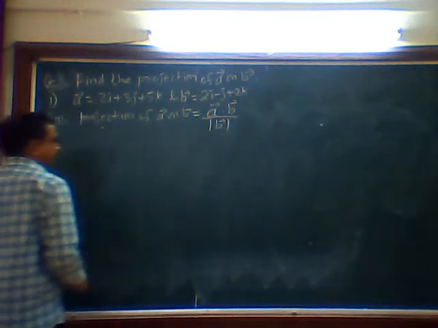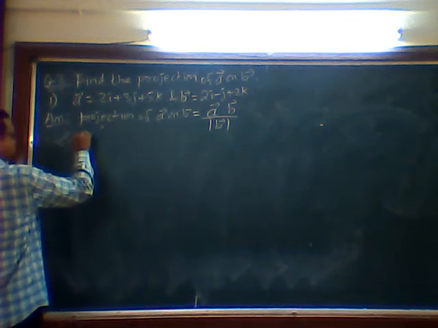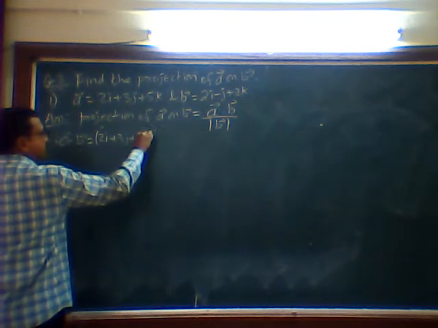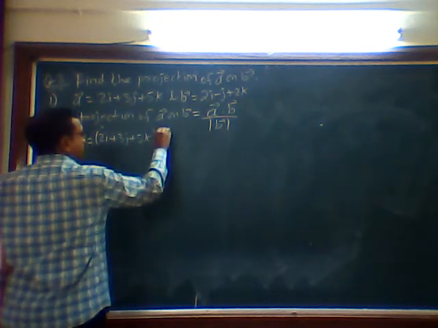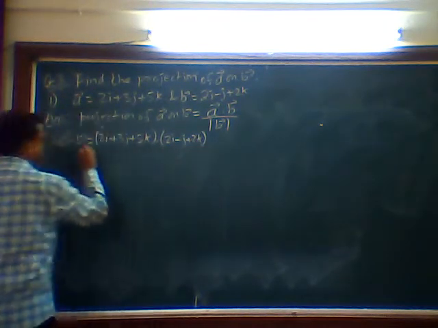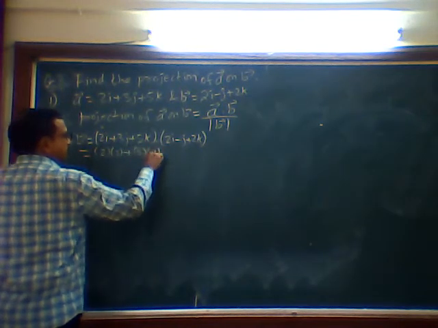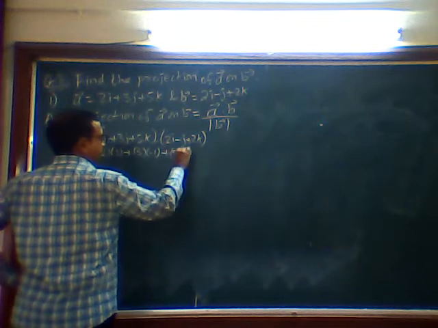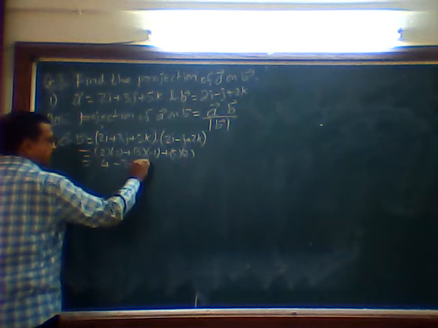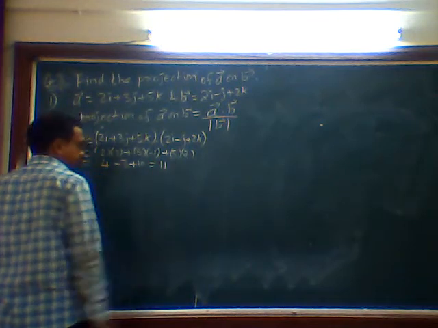First we find a bar dot b bar: 2 into 2 plus 3 into minus 1 plus 5 into 2. 4 minus 3, plus 10. 10 plus 4 is 14, 14 minus 3 is 11.